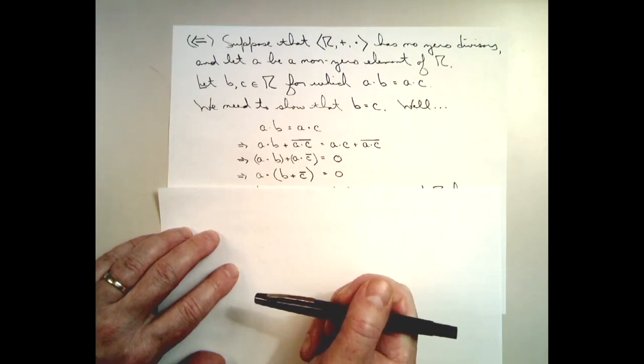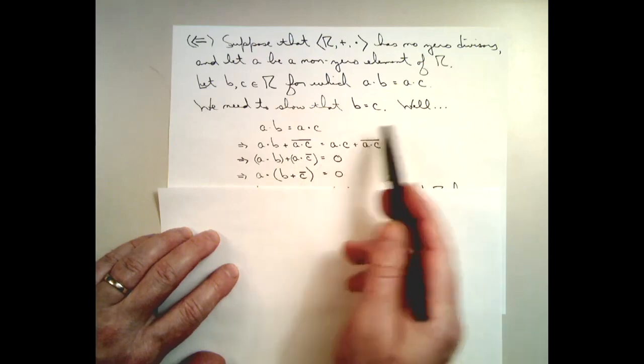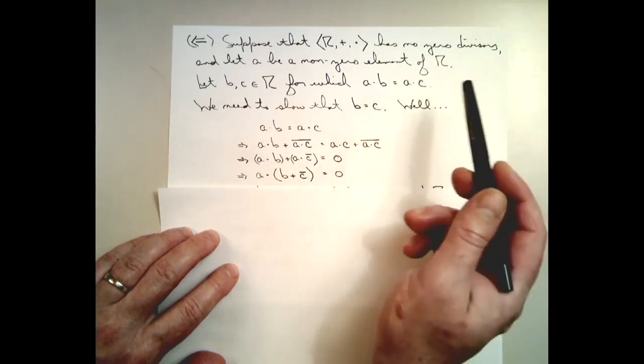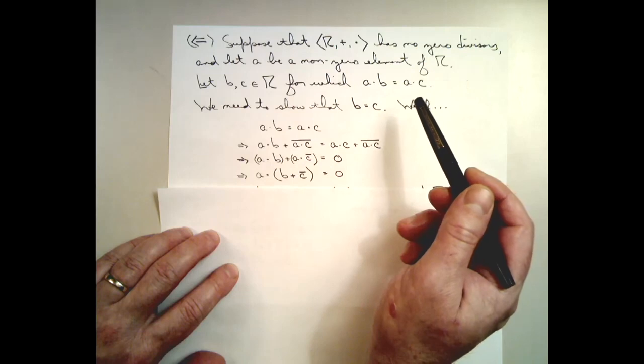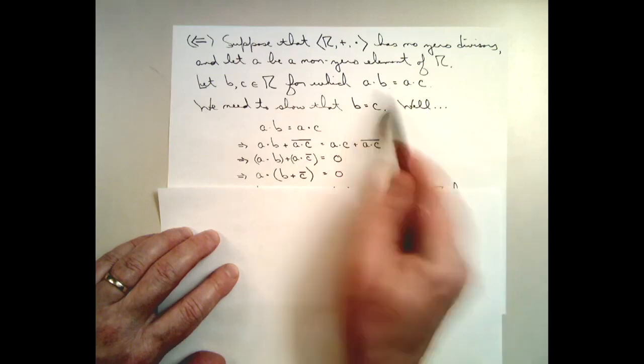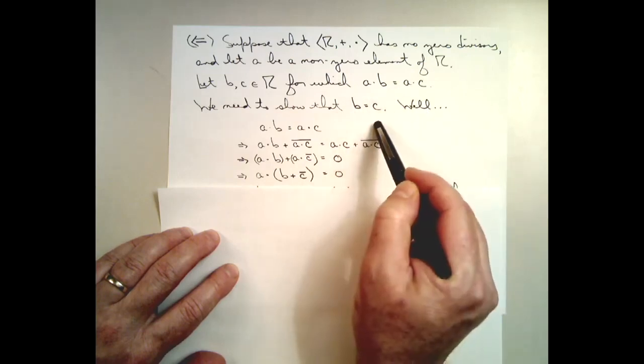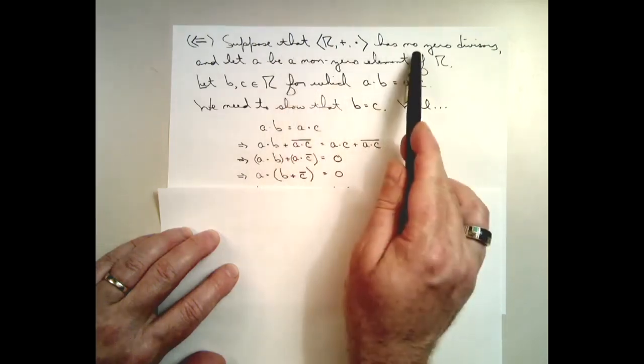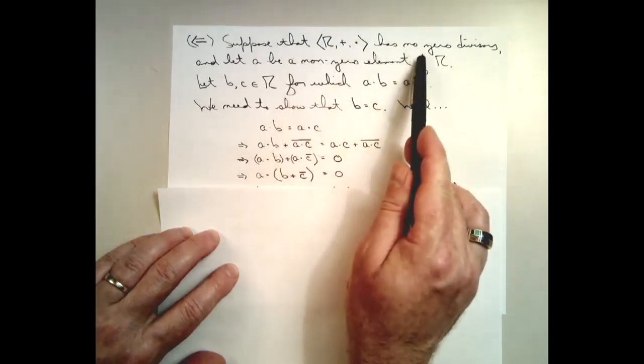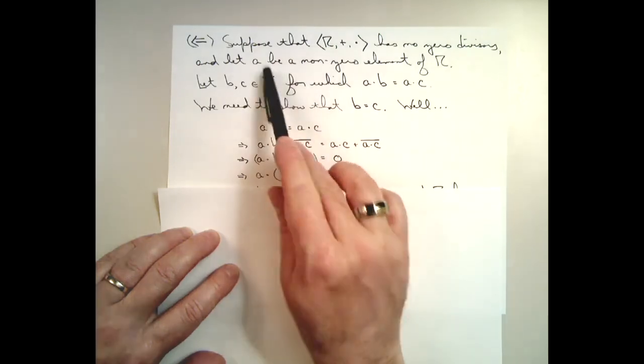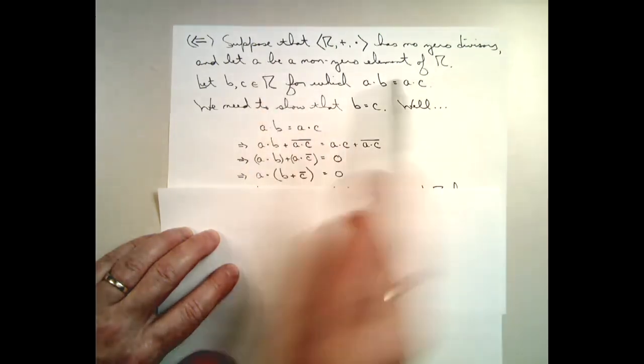Well, by now we might have forgotten what we're trying to do. We're trying to show that we have the cancellation property, which means we're trying to show that B and C are the same, and we're assuming that R has no zero divisors. A was a non-zero element.